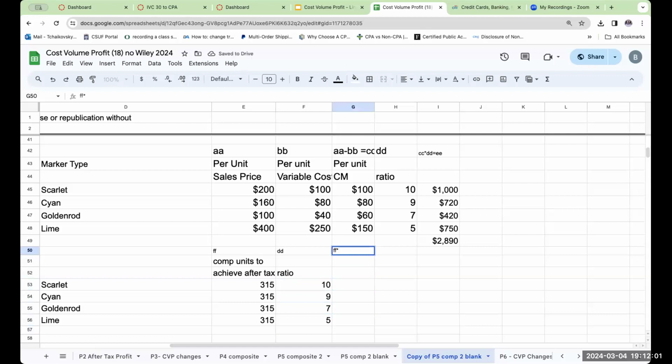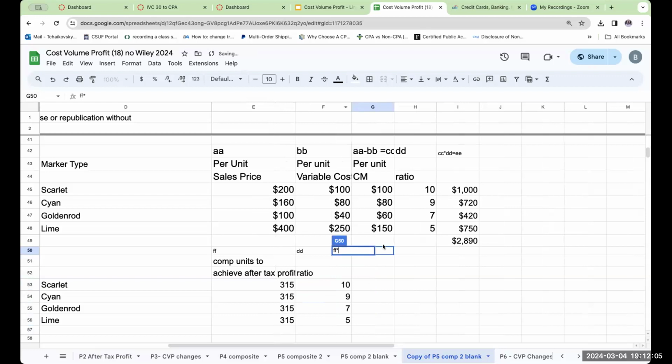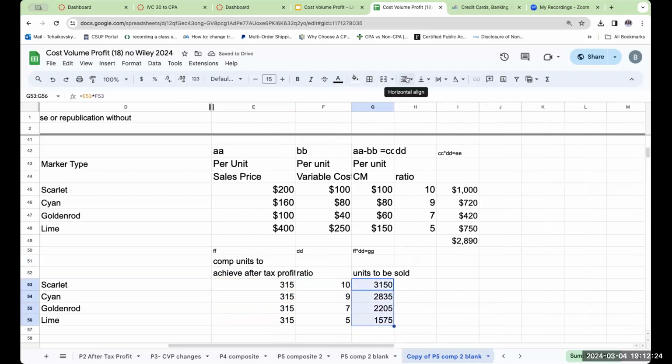I multiply the composite units by the ratio, and this is going to be the number of units I need to sell in order to achieve the after-tax profit I am desiring.